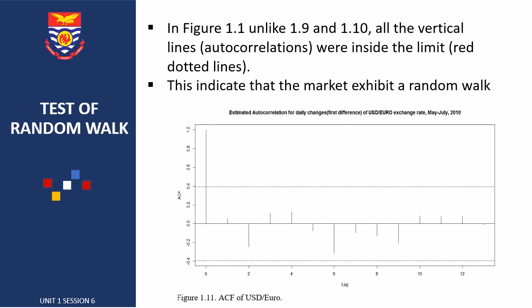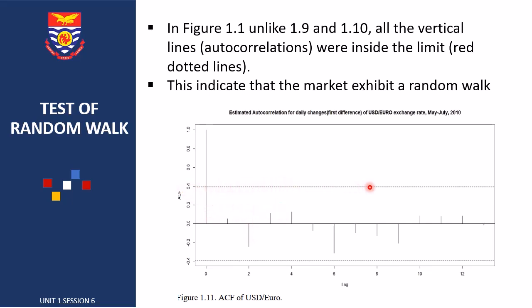Figure 1.11 is also another autocorrelation function plot which indicates the existence or otherwise of serial correlation, or which indicates that the asset returns exhibit a random walk. You could clearly see that, unlike in figures 1.9 and 1.10, all these vertical lines are found within these boundaries.